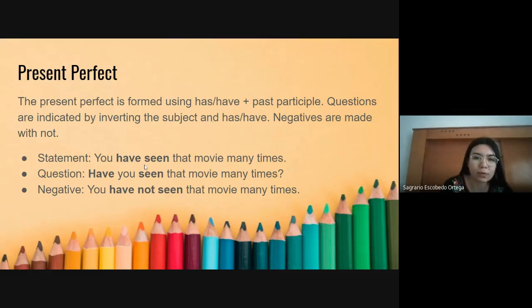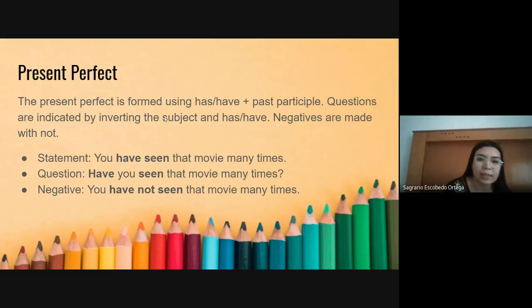Past participles are verbs like seen. They could be regular or irregular verbs. Okay? For example, if we have a regular verb like divide, we only add an ed. Okay, we're going to practice that, don't worry.